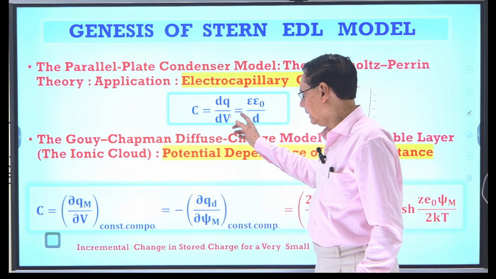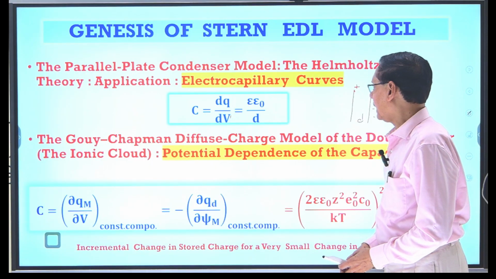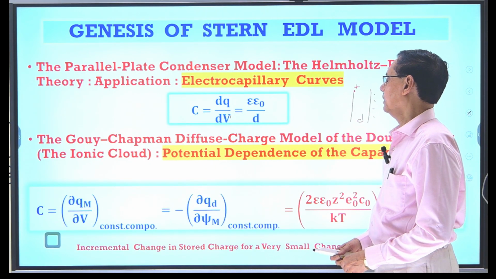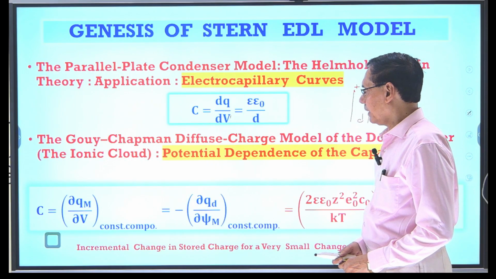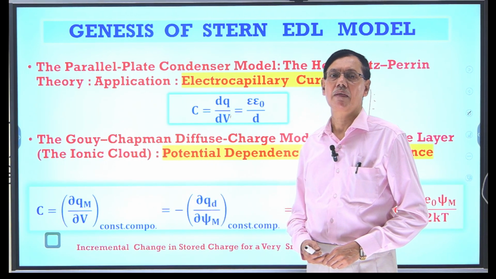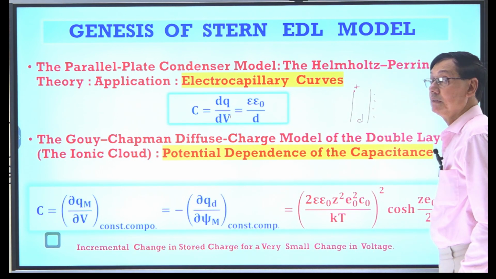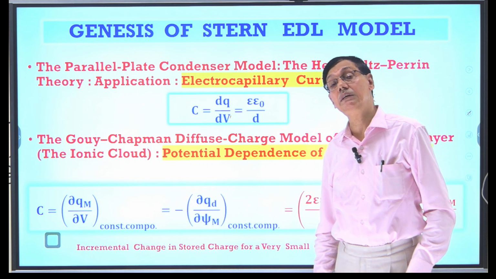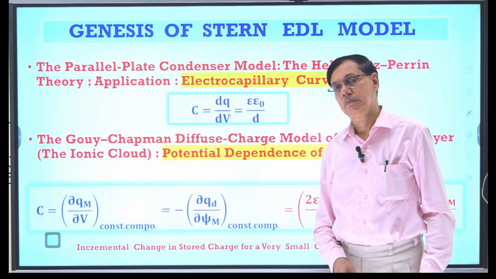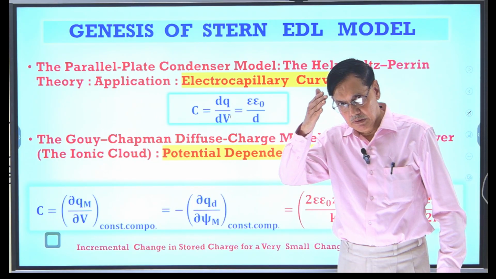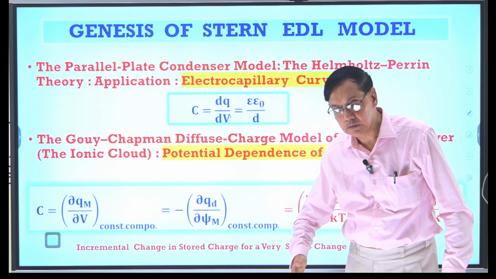Now again we see the second model, derived by Gouy and Chapman, and here it is also the same thing, but we have already seen that there is a decrease in this potential.